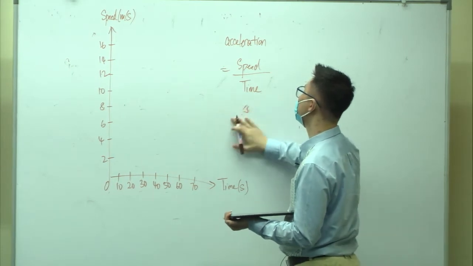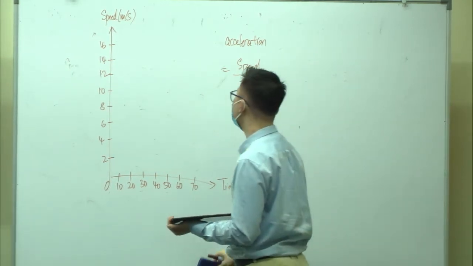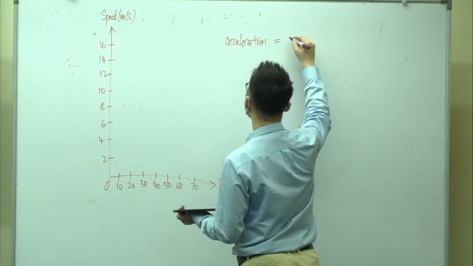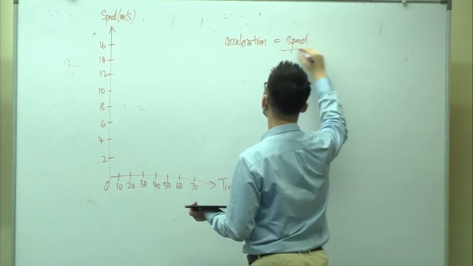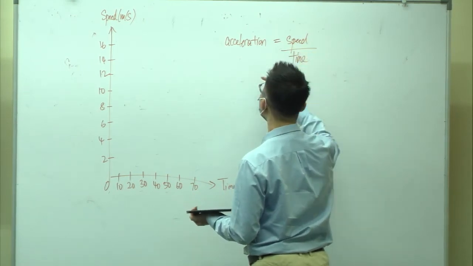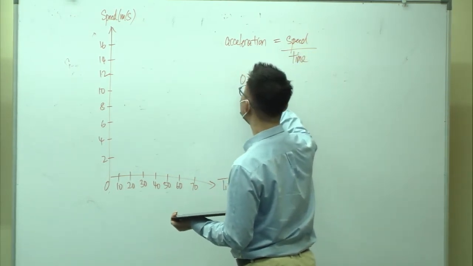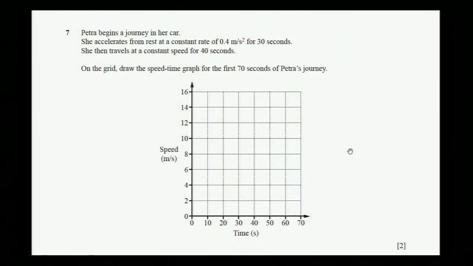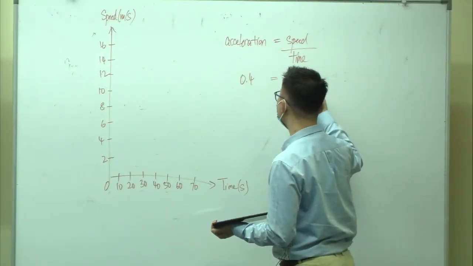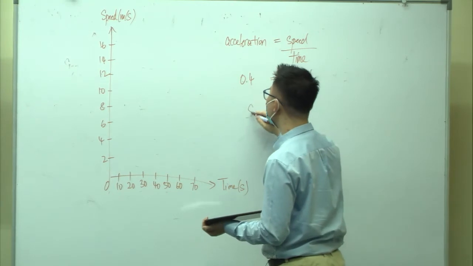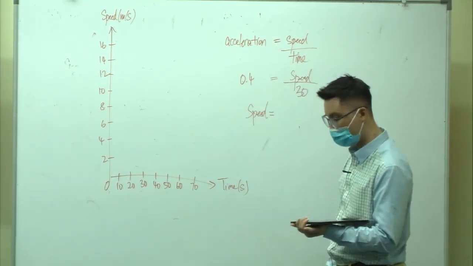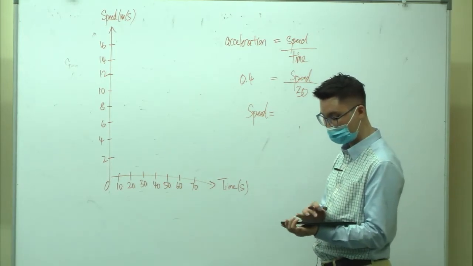Okay, so you see here, write another way. The acceleration is 0.4. The speed, you need to find out. You don't know the speed. The time is given, 30 seconds. From here you can find the speed. So 30 times 0.4, what do you get?